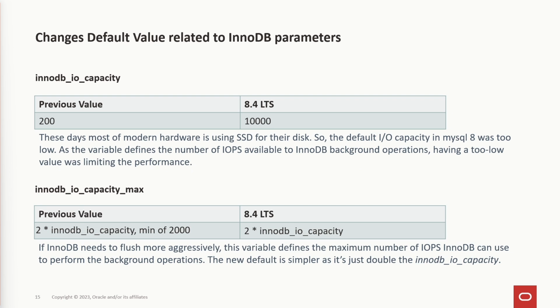The other one is InnoDB I/O capacity. This one is also fit to modern hardware. Nowadays, when I talk to my customers, most of them are using SSD. In that case, the previous value was fit to disk.